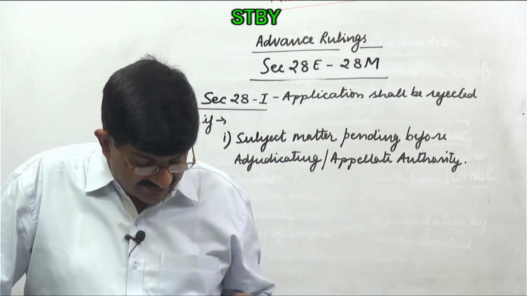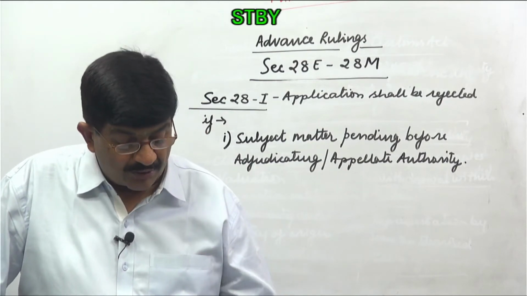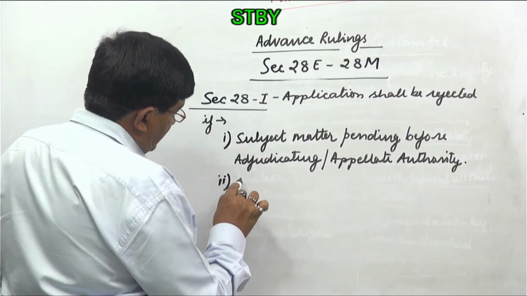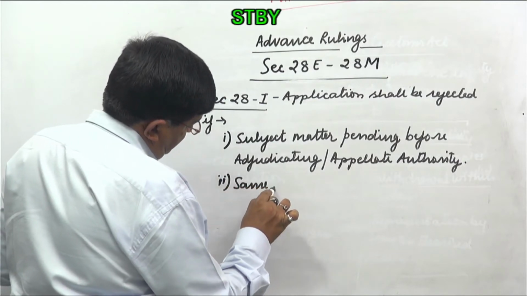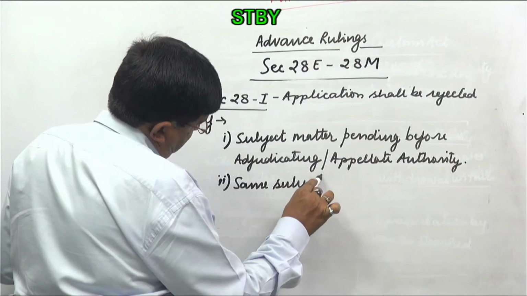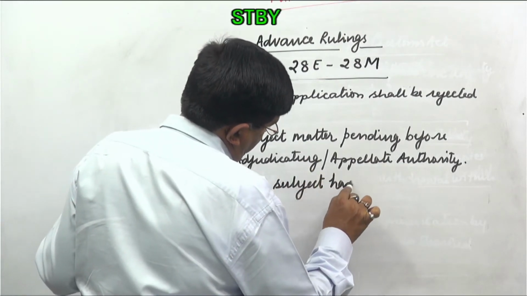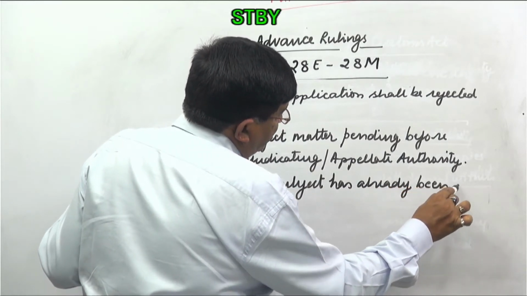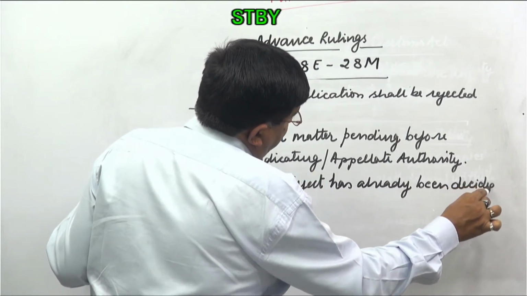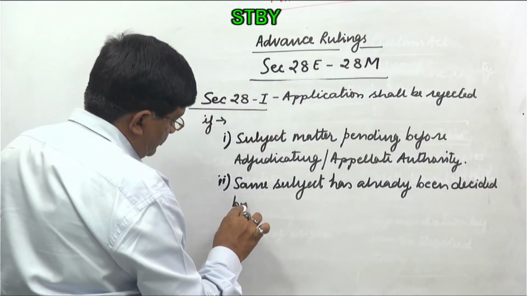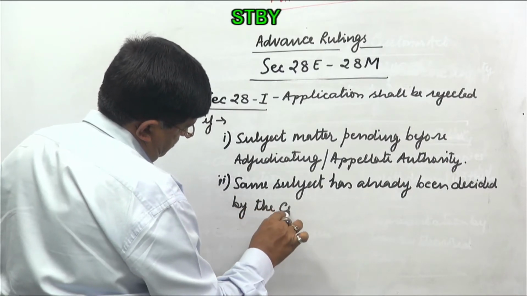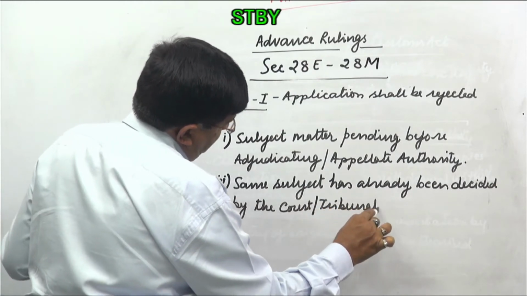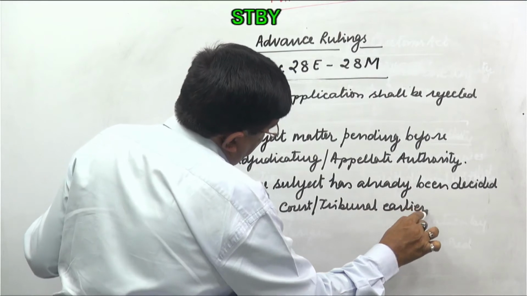Number B, the same matter is already decided by the appellate tribunal or by the court. Same subject has already been decided by the court or tribunal earlier.